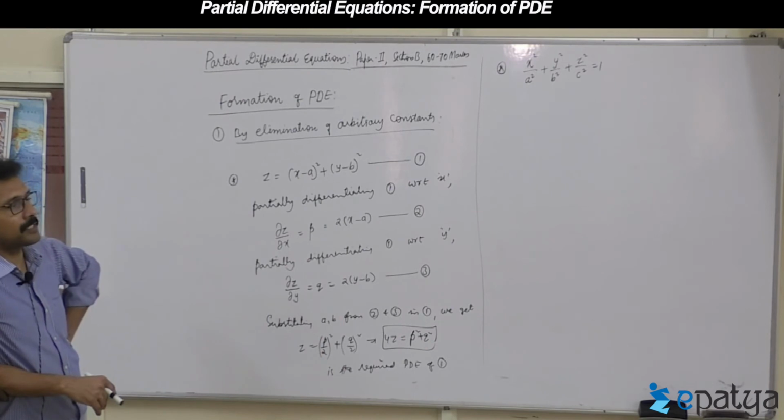So how many arbitrary constants? Arbitrary constants 3, independent variables 2. It leads to higher order.